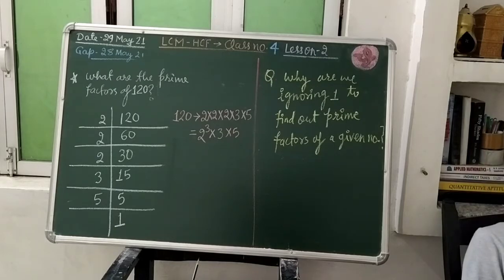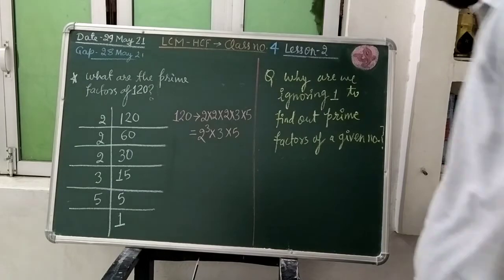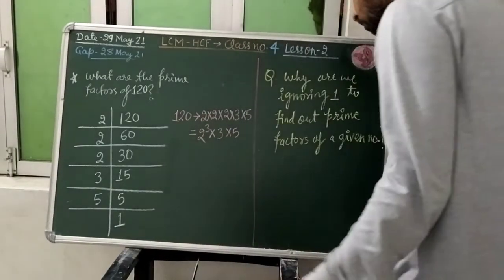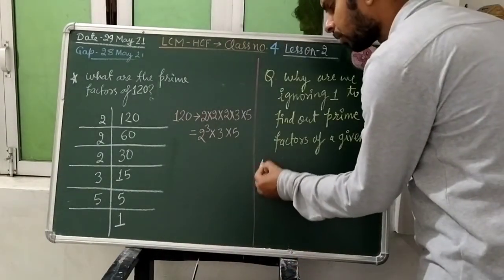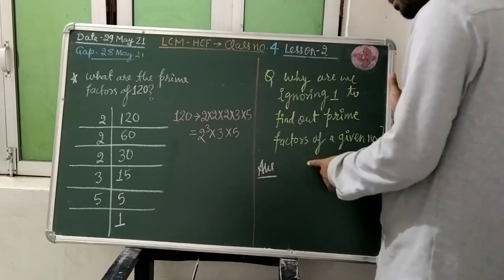Leave writing, try to think about why we are not selecting 1 when we are finding the prime factors of any number. I have told you the answer of this. Try to think about that. What will be the answer of this question?